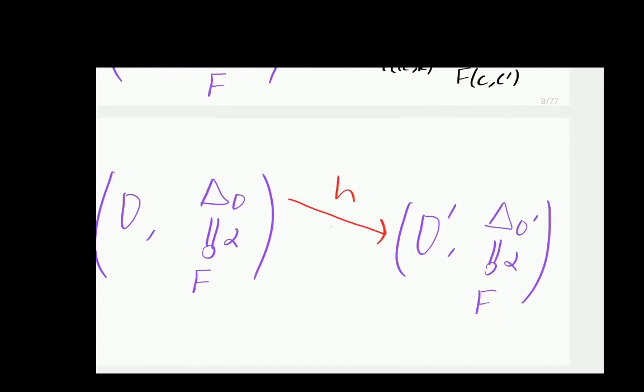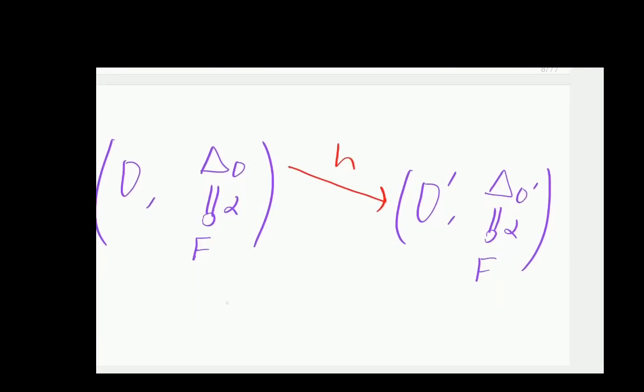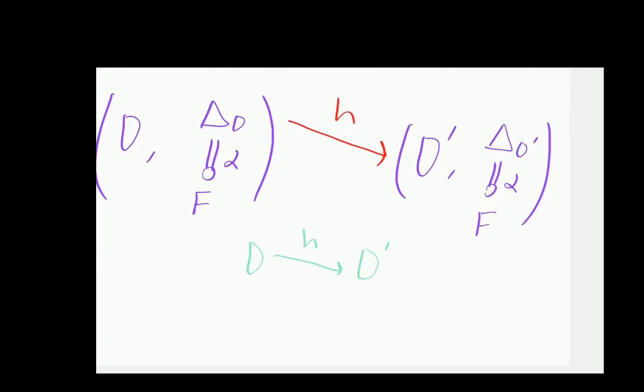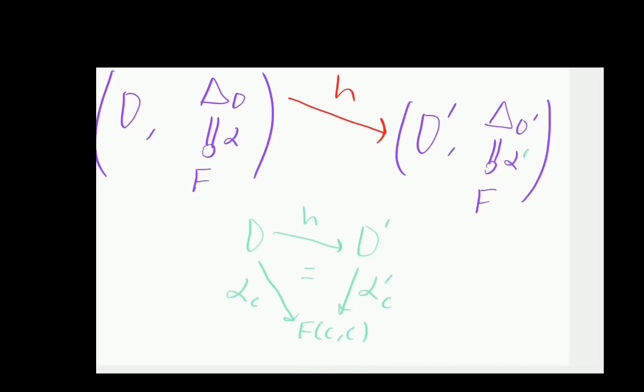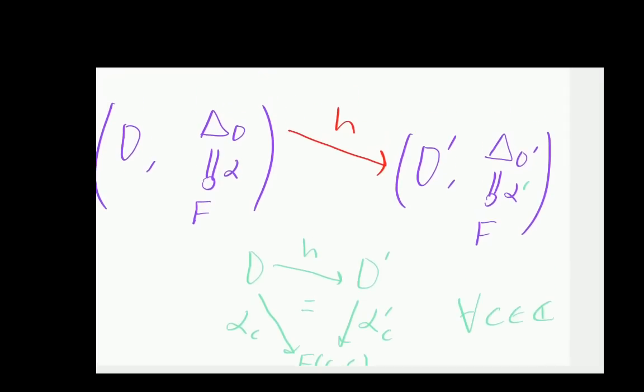So an arrow H from this wedge to this wedge is simply going to be an arrow H from D to D dash, which is such that for every C, we're going to have this thing commuting, where that should be an alpha dash. Okay, so that should commute for all objects C. So there we have it. That's the nature of our category of wedges.